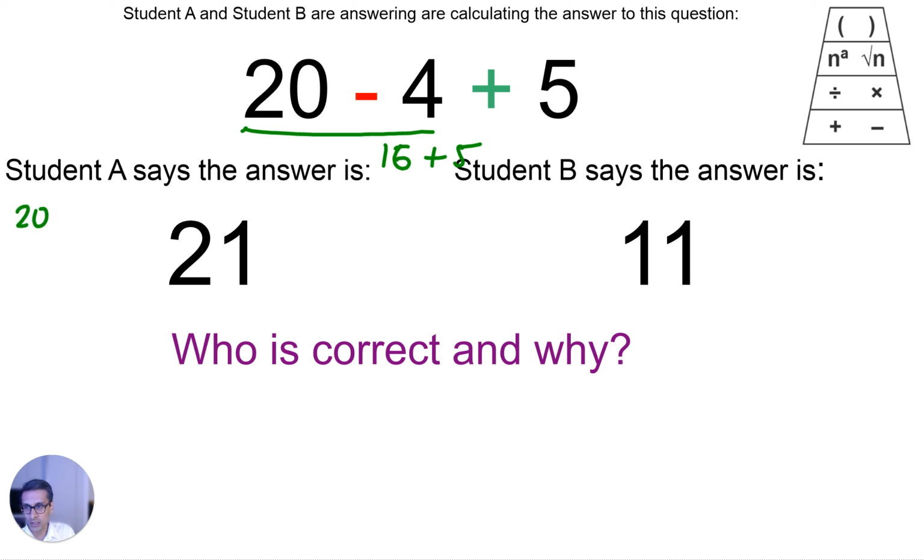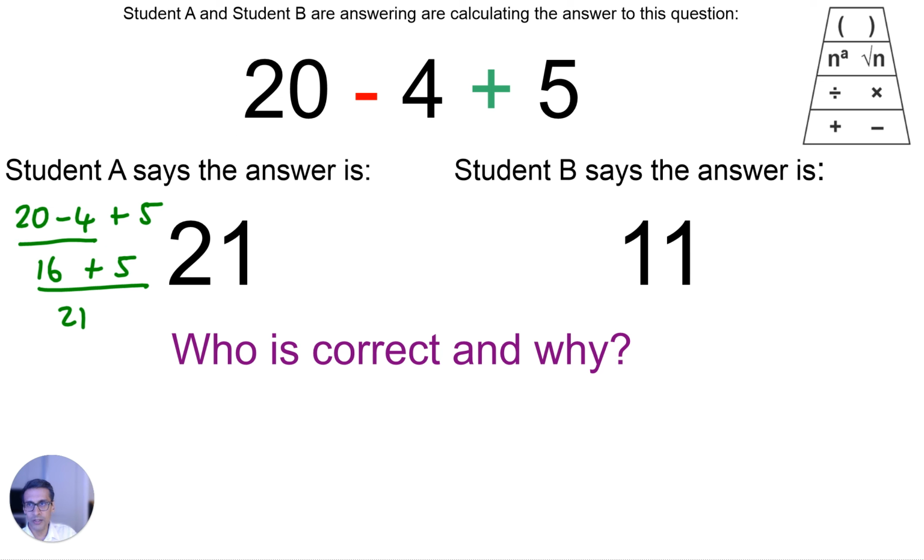So 20 minus 4 plus 5 became 16 plus 5, which is 21. The other person did the following: 20 minus 4 plus 5, and they did the addition first. So the 4 plus 5 gives you 9. 20 minus 9 is 11.